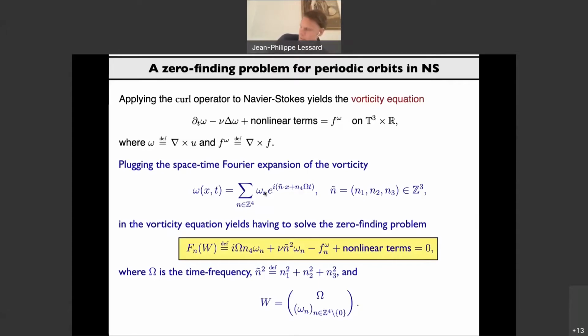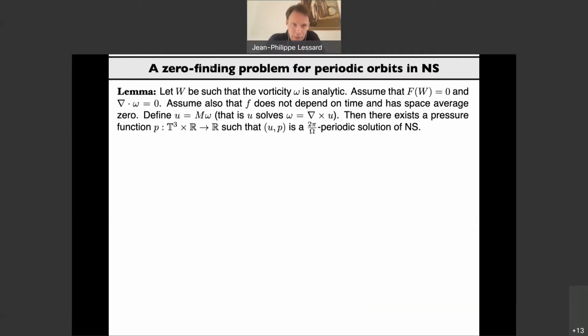We'll prove the existence of solutions of F in a space of fast decaying Fourier coefficients. Okay, so let W be such that the vorticity omega is analytic, and assume that F of W is equal to 0. Also assume that the divergence of omega is equal to 0. And assume that the forcing F does not depend on time, and it has space average 0.